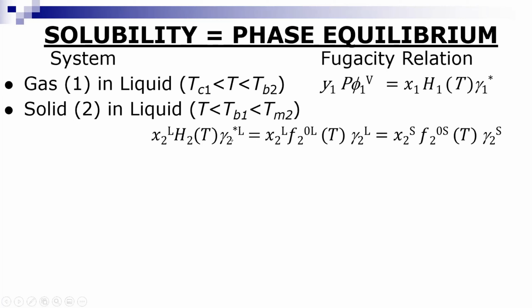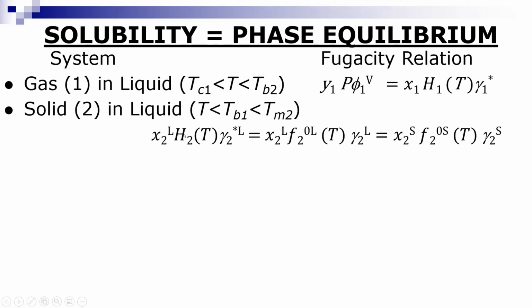You can either do Henry's constant. Now, this is where the temperature is less than the boiling temperature of component one and less than the melting temperature of component two. And so the solid fugacity will be described like this. The liquid, you can have your choice.